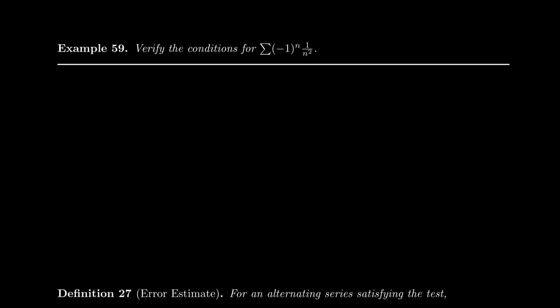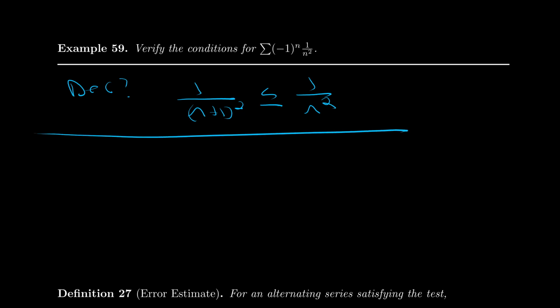But 59 here, you want to show, is it decreasing? Do you think that this is decreasing? Yeah, because 1 over n plus 1, the next thing, squared, is less than or equal to 1 over n squared. We've done this a lot. We've already done several examples like that. And then the other one: is the limit equal to 0?